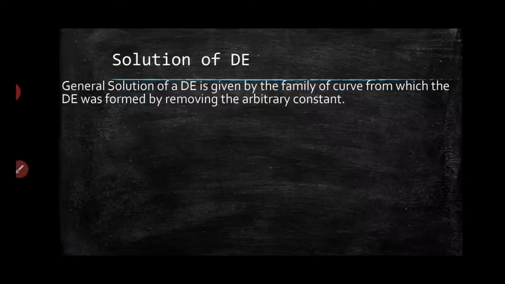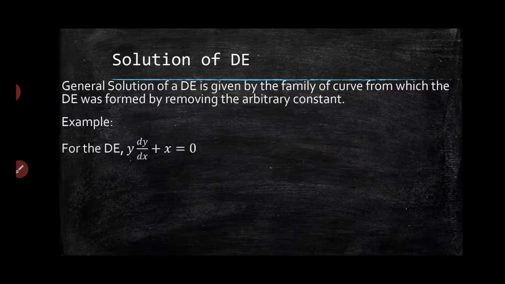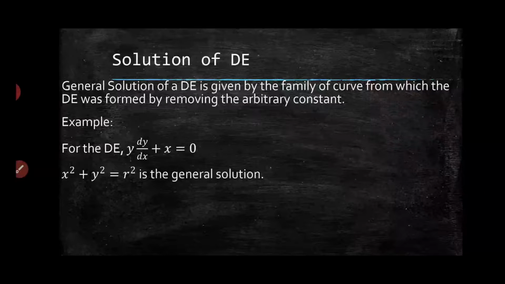So if I want to give you an example, if I had this differential equation y dy by dx plus x equals to 0, then x square plus y square equals to r square is the general solution, because this is the family of curve from where we started off and we found out this equation.